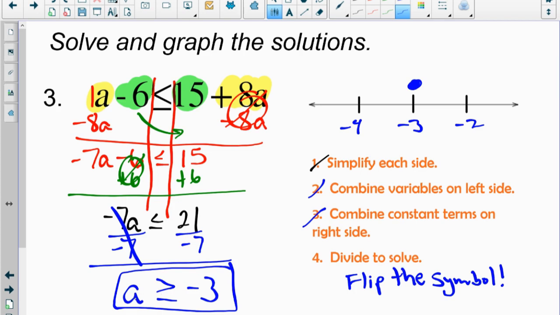Now, my inequality says that it's not just equal to negative 3, but any number greater than negative 3. So do I want to draw my arrow to the left or to the right? Everything greater than negative 3 will be to the right of it. So a is greater than or equal to negative 3 as our solution.